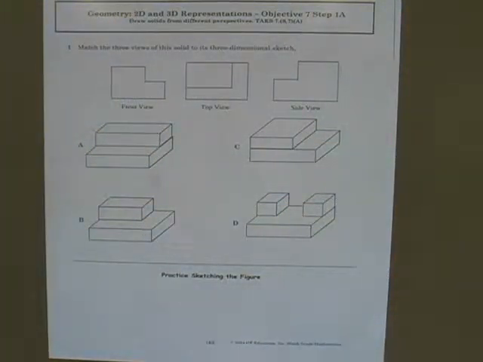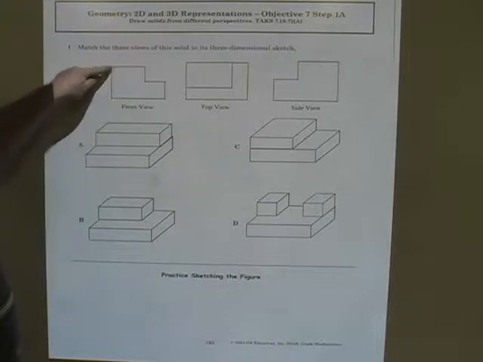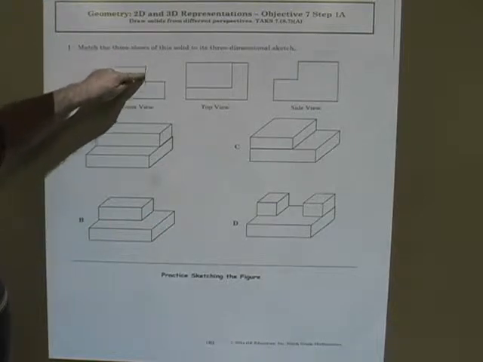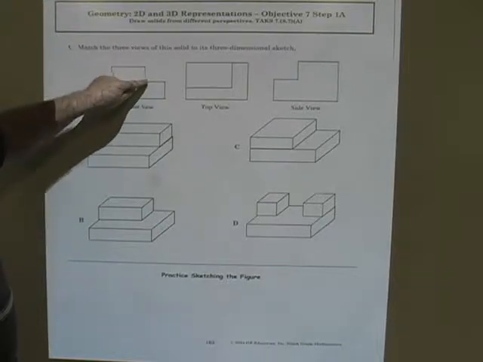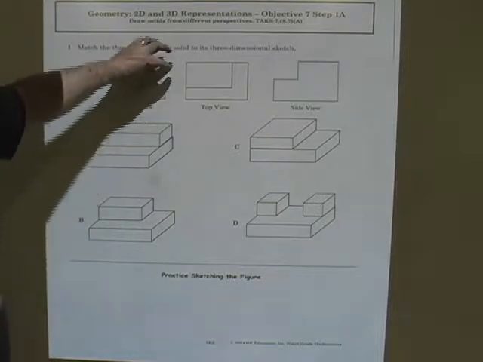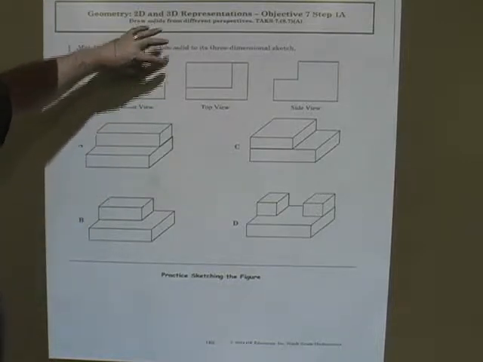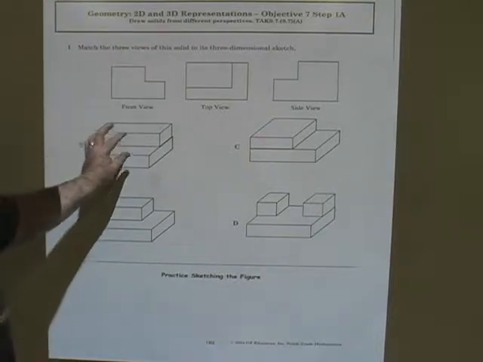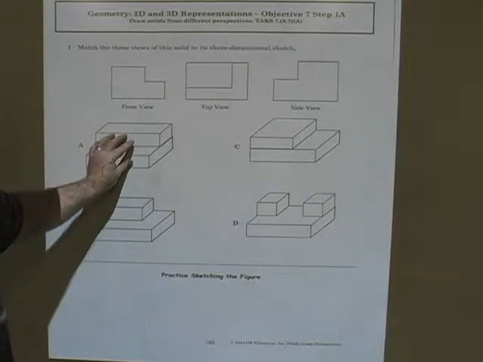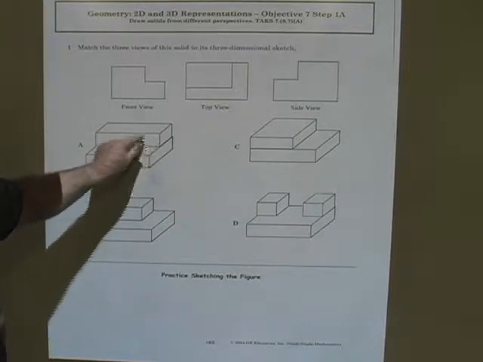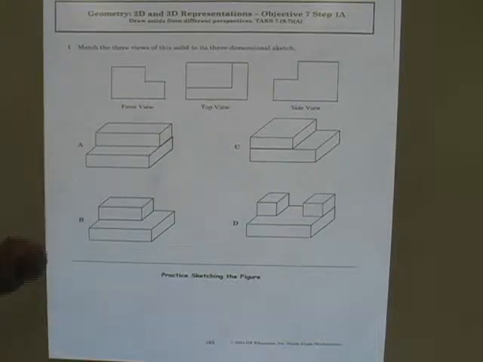Now, let's just take a look at these. If I'm looking at this front view, notice how there's a piece missing here on the top right corner. If you were looking at this from the front, that top right corner is not missing. There's something there, so that's not going to be the answer.